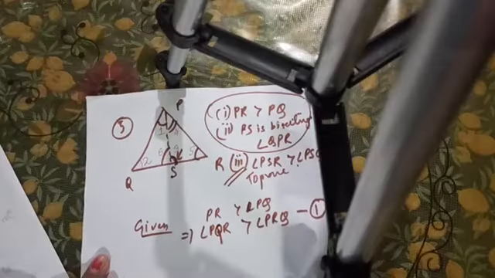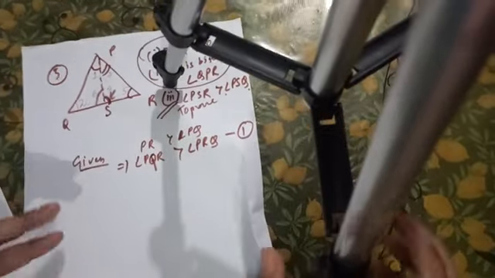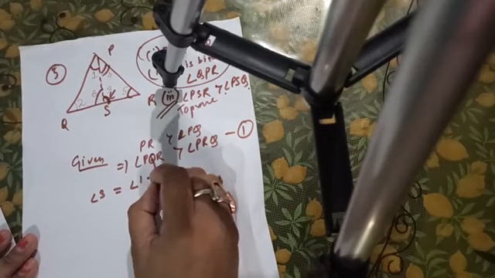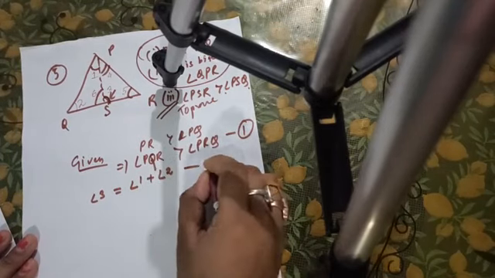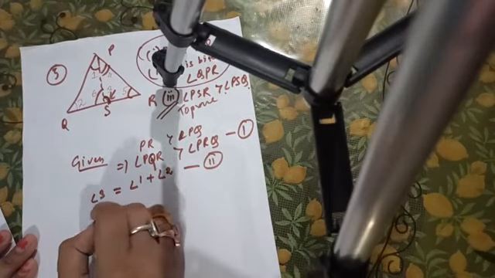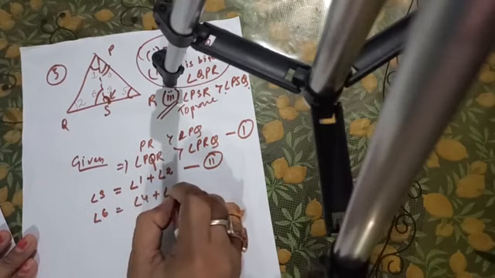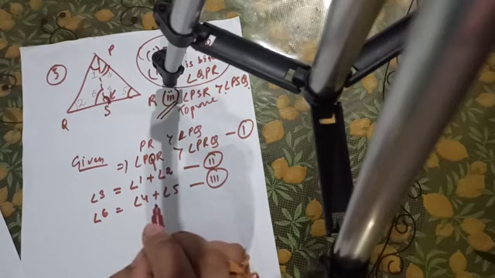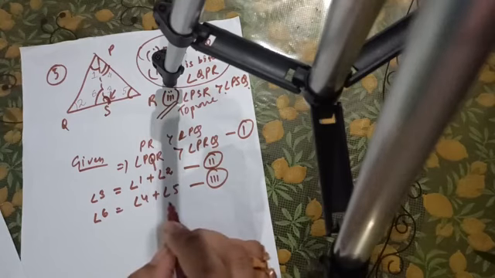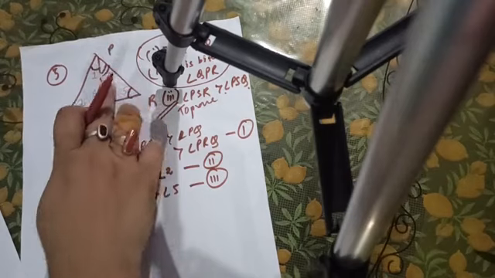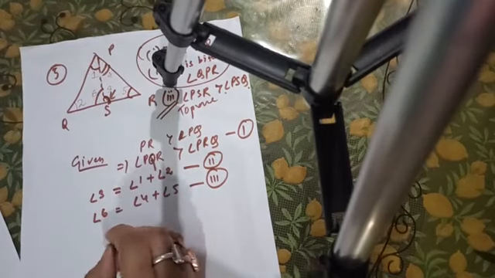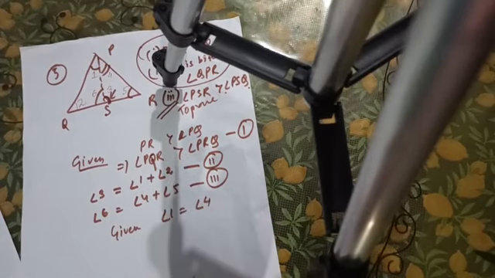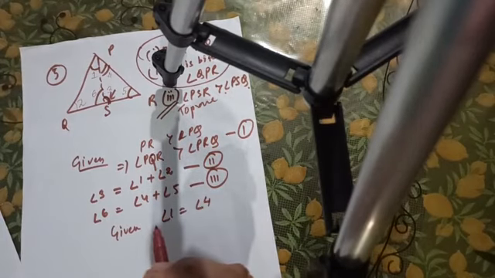We have one property that angle 3 is always equal to the sum of the interior angles. Next, angle 6 is coming as angle 4 plus angle 5. And already we have said that this line is bisecting this angle, and it is given that angle 1 is equal to angle 4.